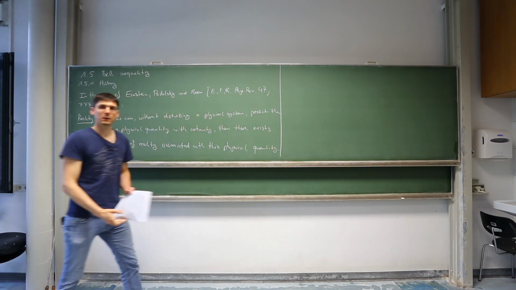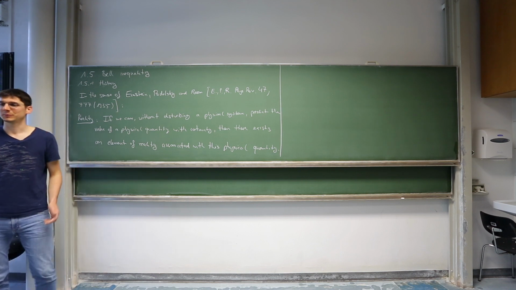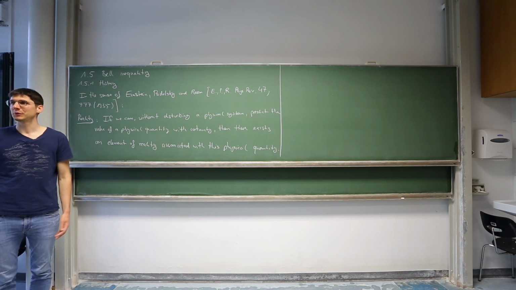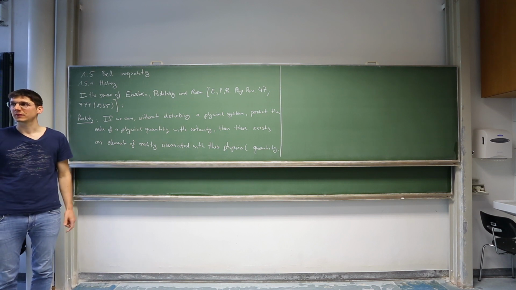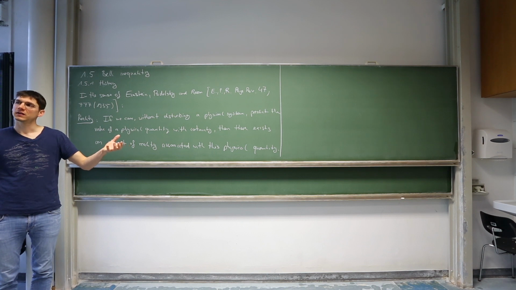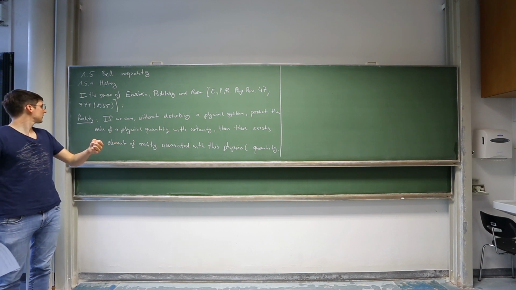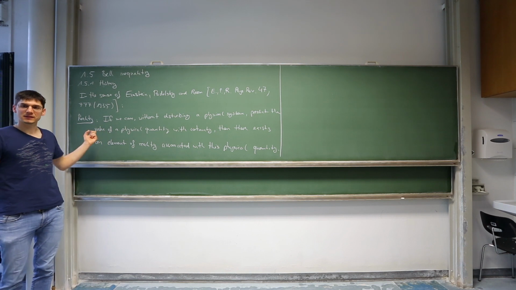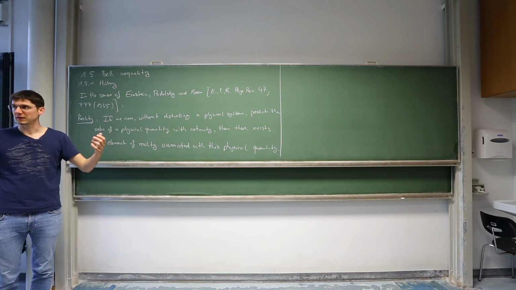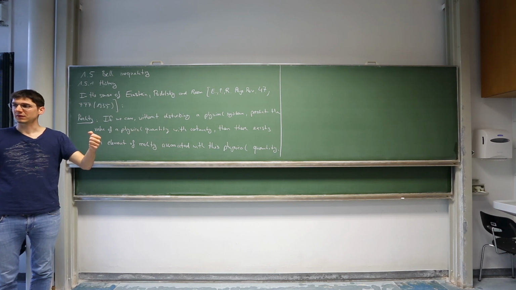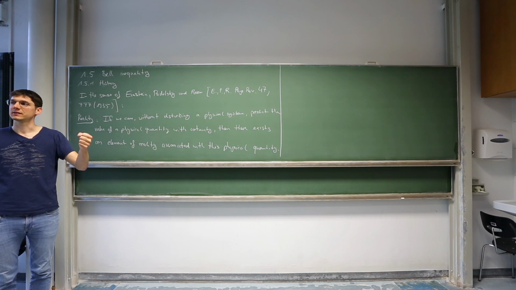Okay, in order to understand this a bit more, you can simply imagine a two-level system, say a spin. If you can predict the value of the spin with certainty, then they say, if our theory describes reality, there must exist an element of physical reality associated with this spin.